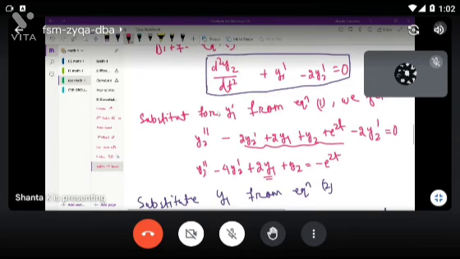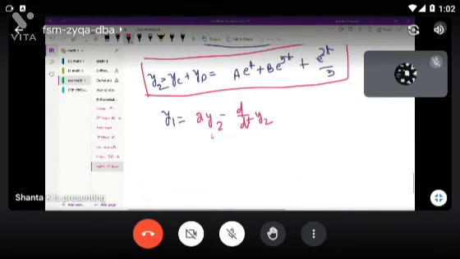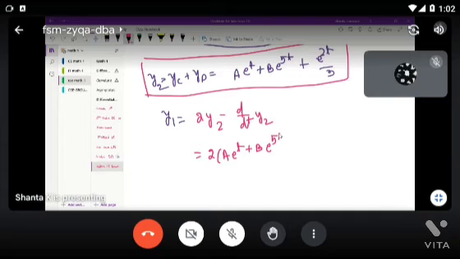The first order equation. I'm sorry, you can't see the upper part. This is the second equation. From that, we are getting this one. Now we will substitute the y2 value here. So 2 times (a e to the power t plus b e to the power 5t plus e to the power 2t by 3) minus the first order derivative.